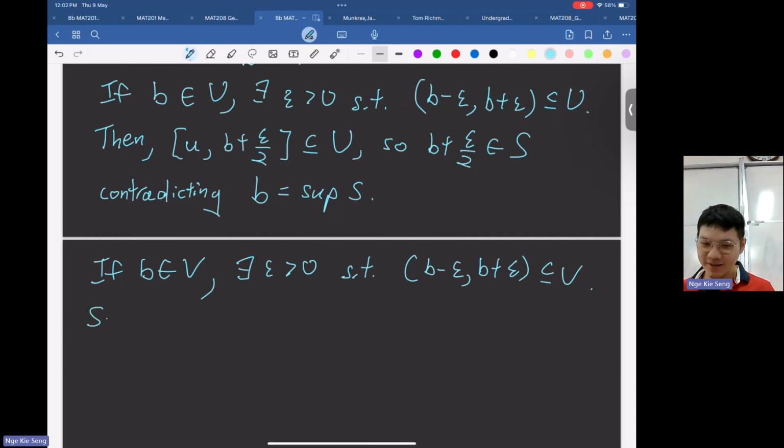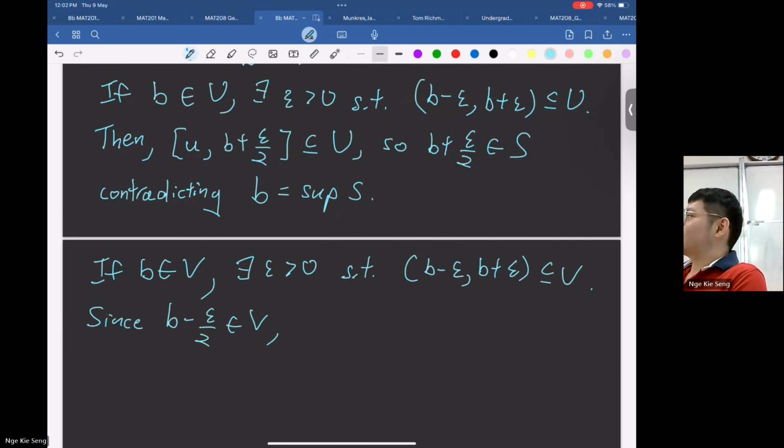So B minus epsilon over the U to B minus epsilon over 2 is in U. Okay, let me finish and then we can discuss what you say.